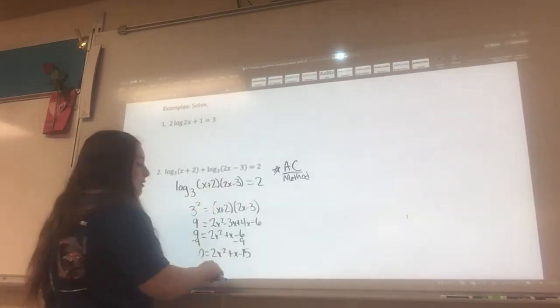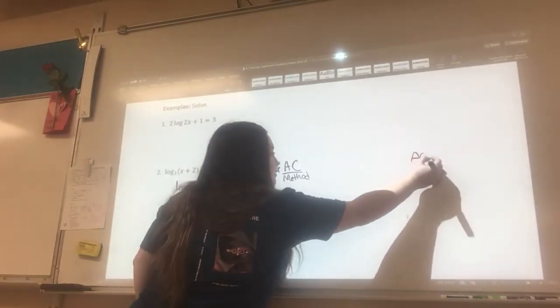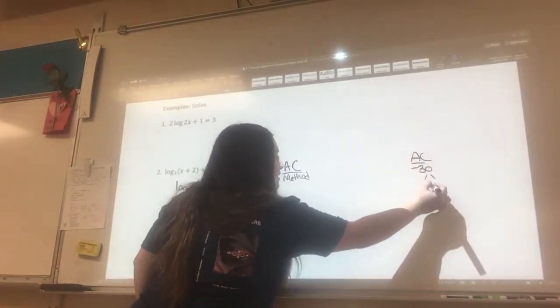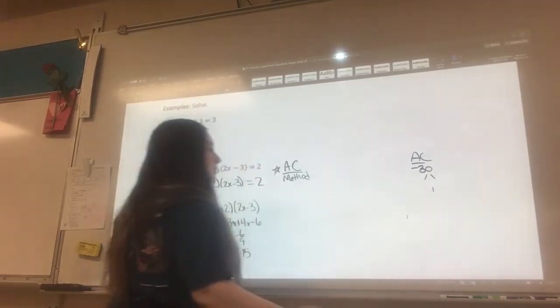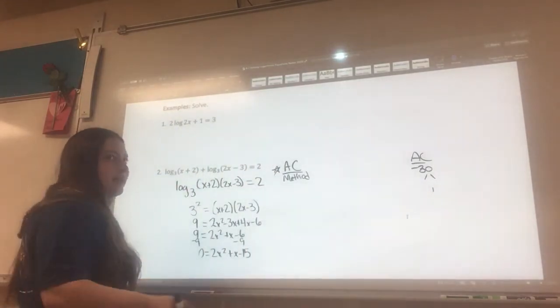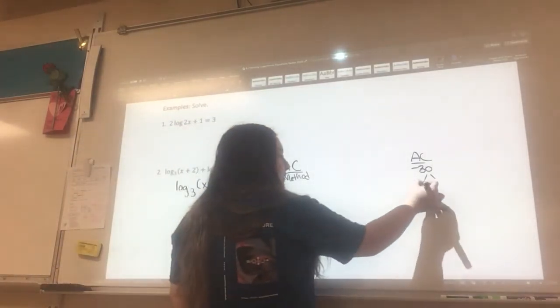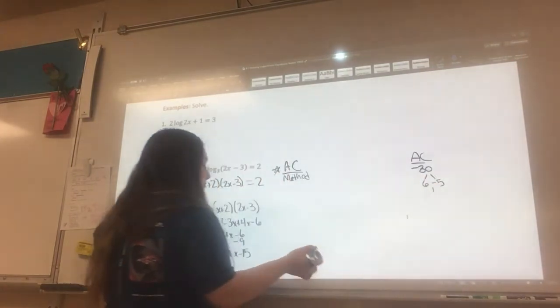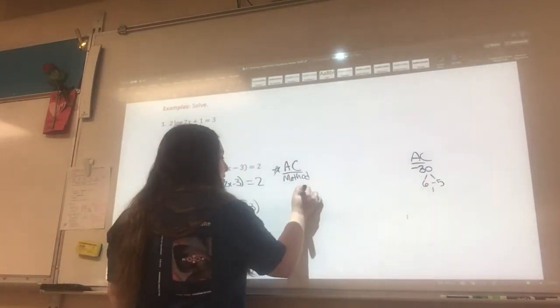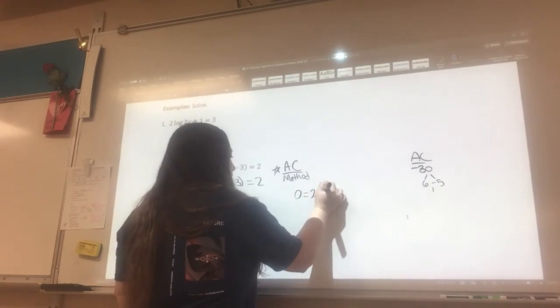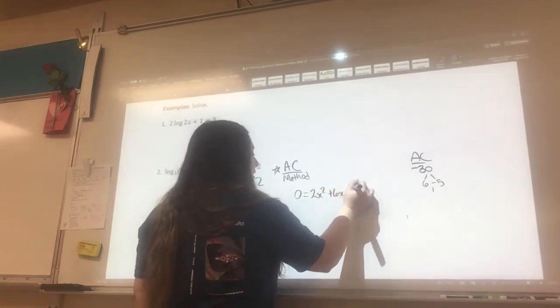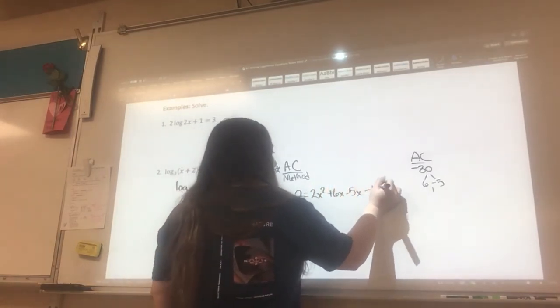Our AC is negative 30, and we need factors to get to 1. Well, I'm going to give you a hint. 6 and negative 5. That should get you to 1. So that means we're going to set this 0 equal to 2x squared plus 6x minus 5x minus 15.